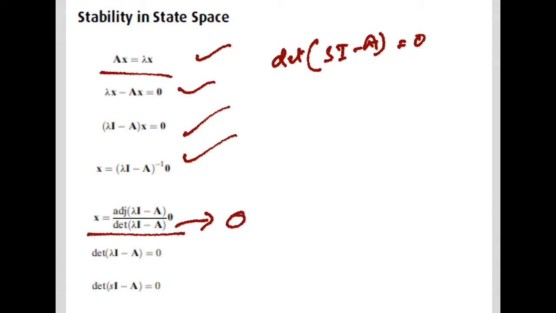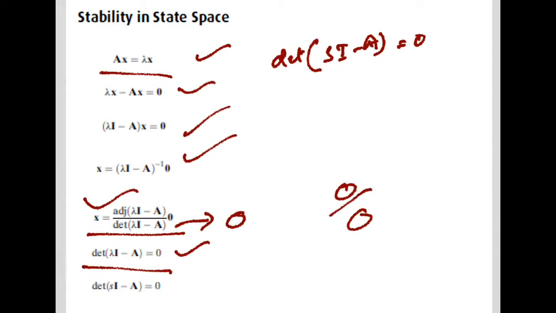If there is the occurrence of 0 in the denominator, then in that very case the elements of x will be 0 divided by 0, which is indeterminate. So it is only in this case that a non-zero solution is possible. The value of lambda is calculated by forcing this denominator equal to 0.